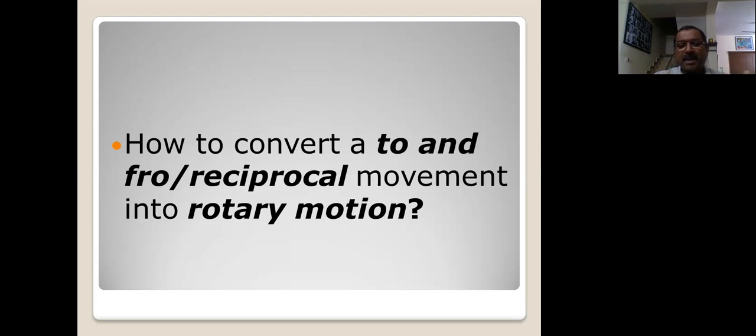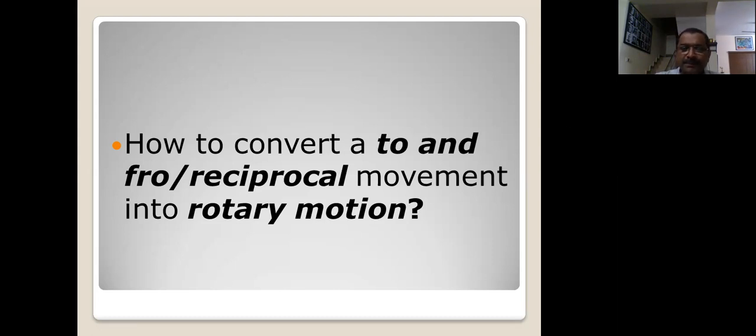So there must be a system which could convert the to and fro motion into a rotary motion. Are you people familiar with such a mechanical system? A system which converts the to and fro motion into a rotary motion?